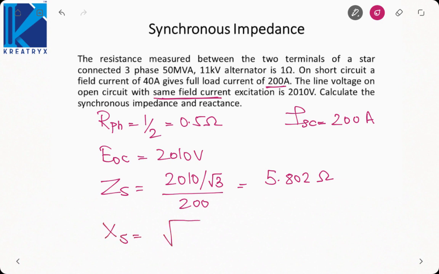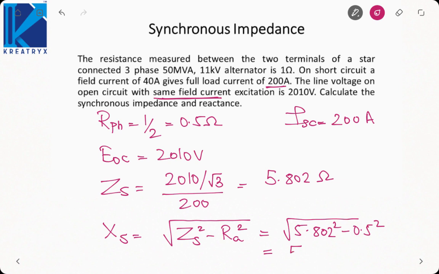We know impedance is composed of reactance and resistance, so it will be the square root of Zs square minus Ra square, which is the square root of 5.802 square minus 0.5 square, which will come out to be 5.78 ohms. Okay. So that is how you can calculate the synchronous reactance.